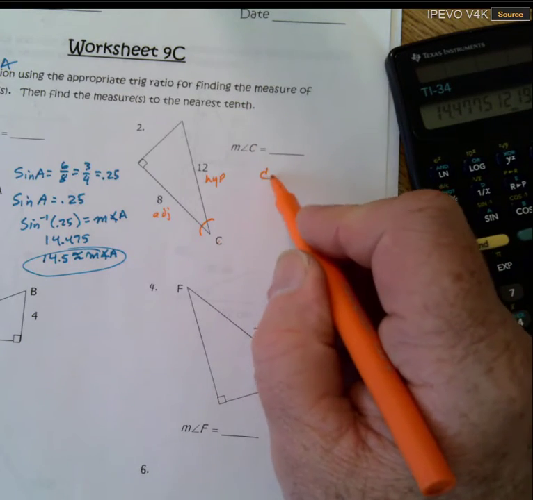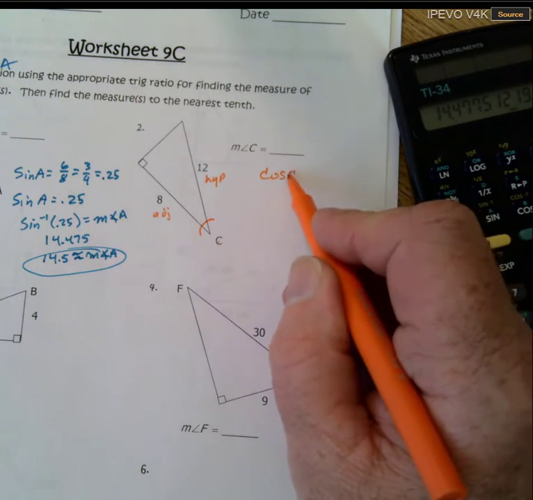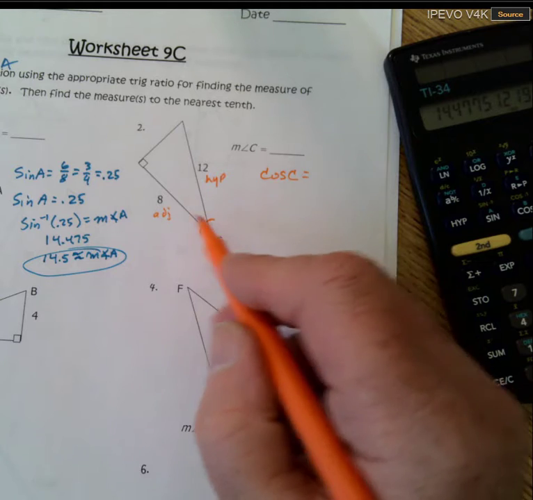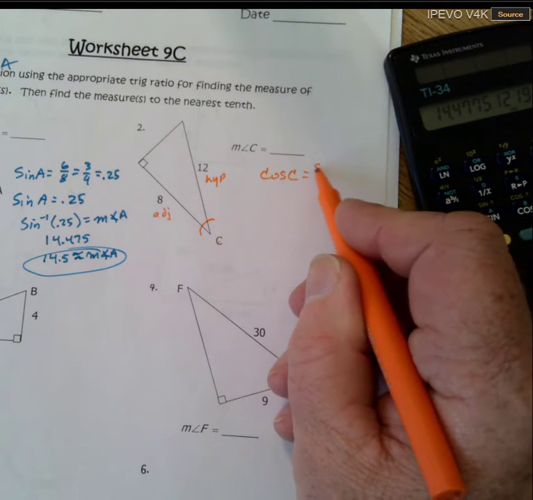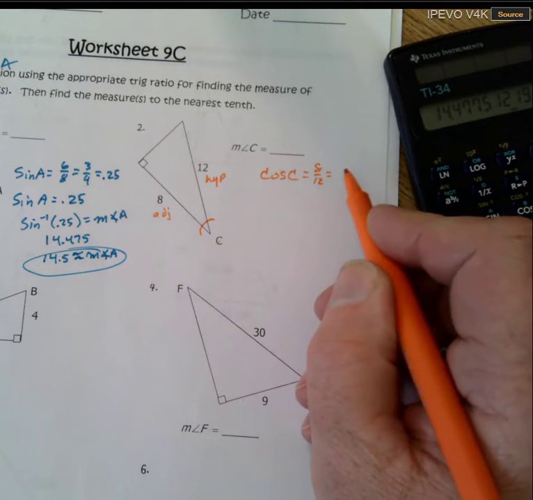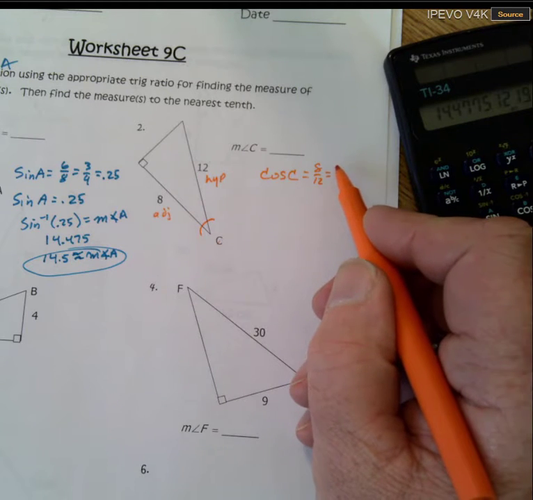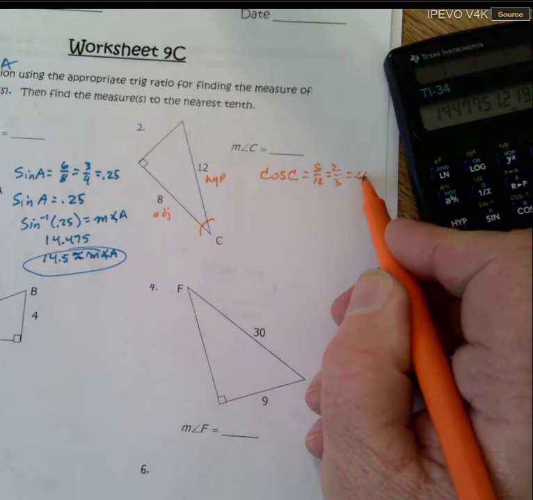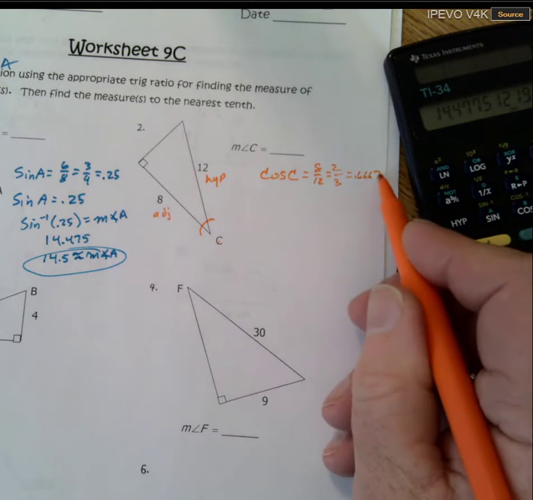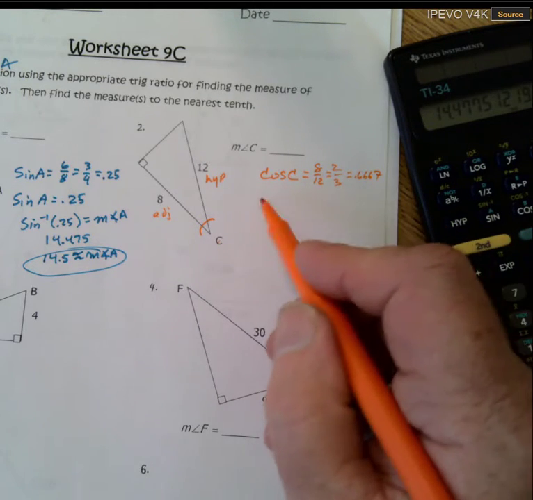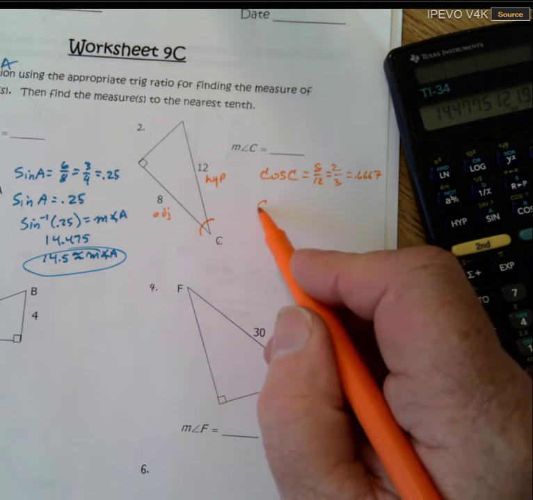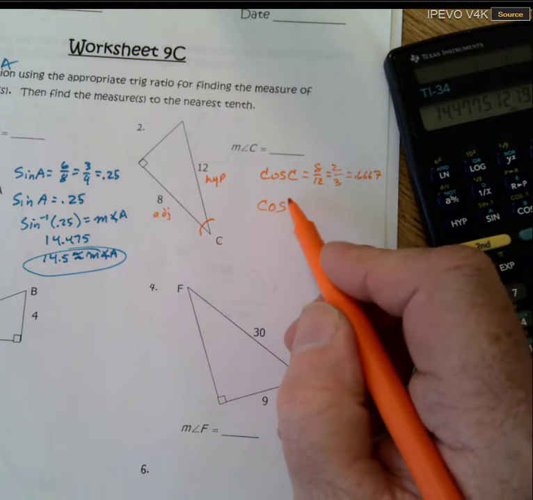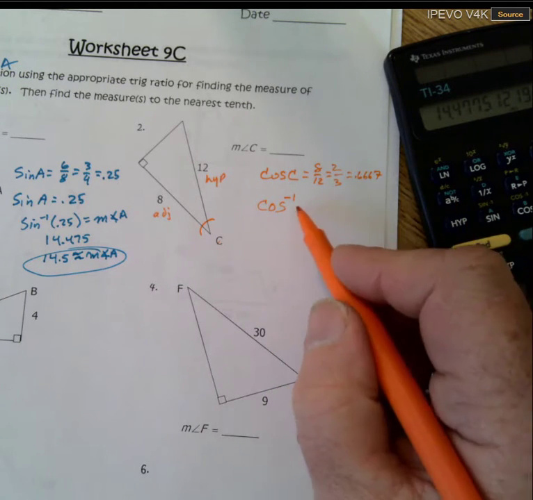So we're going to set up cosine of C is equal to adjacent over hypotenuse, 8 over 12, which is 2 over 3, which is 0.6667.